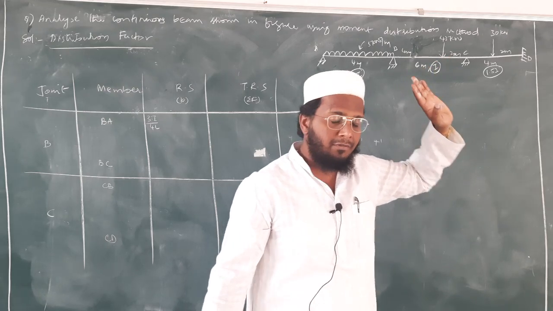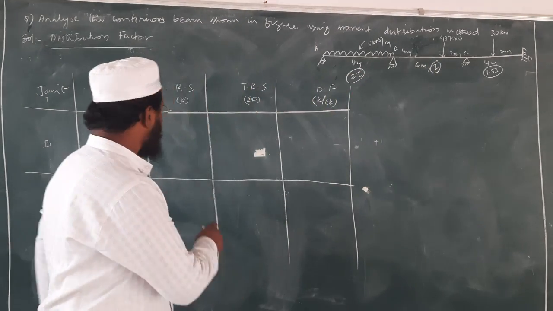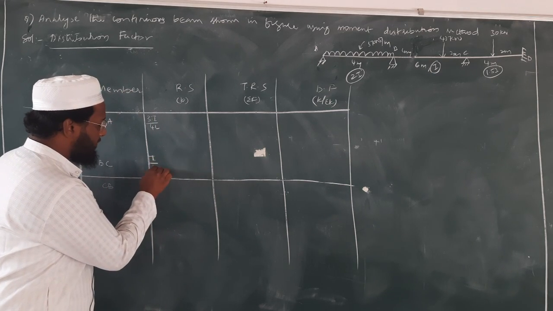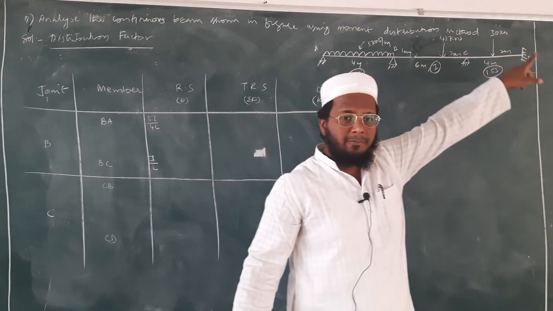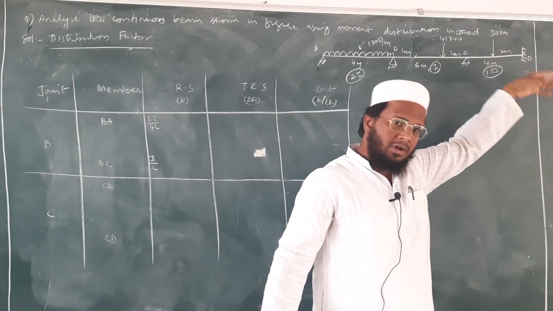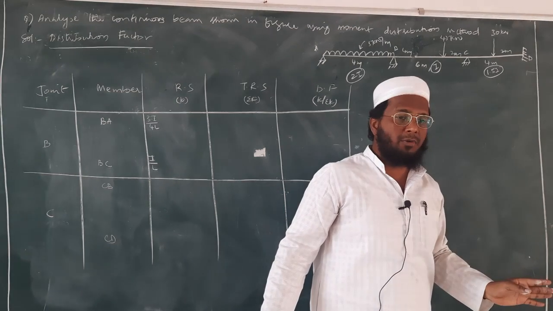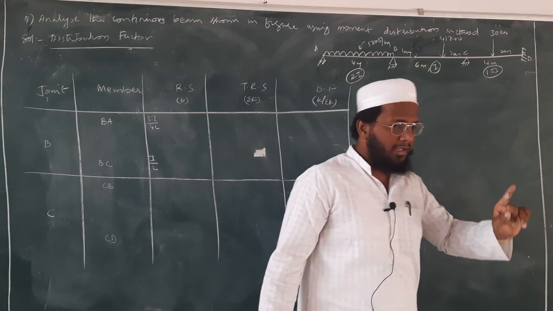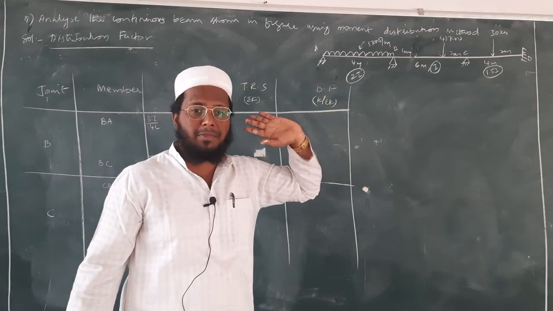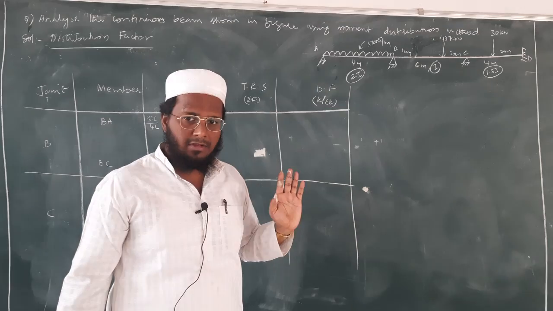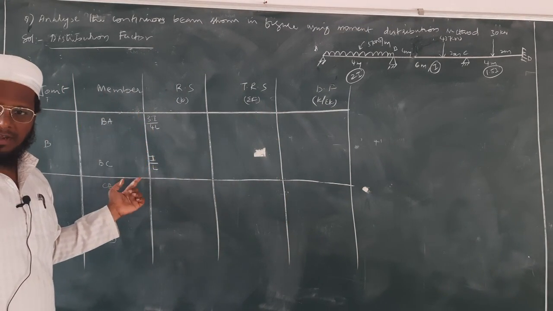So what will be the relative stiffness for BC? It will be I by L only. When we have a simple support, but after that we have one more support, fixed or simple, whatever it may be, there is one extra support there. At that particular point we'll take I by L only. But since here we do not have any further supports, at that point we'll take 3I by 4L only. Okay. So this is over, 3I by 4L and I by L.